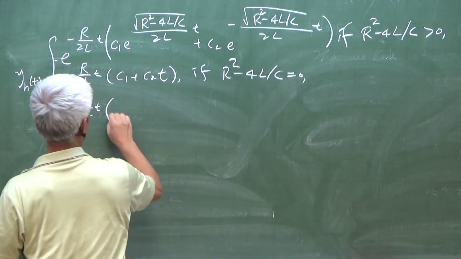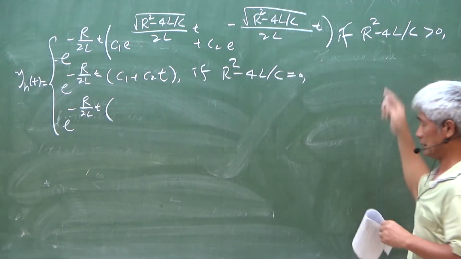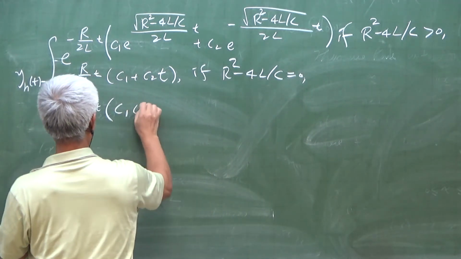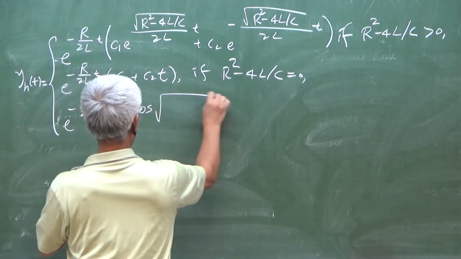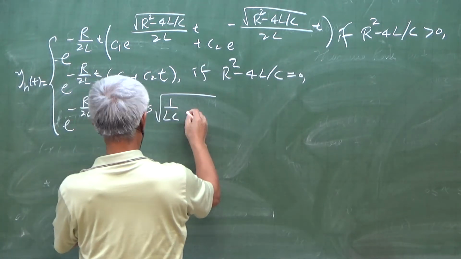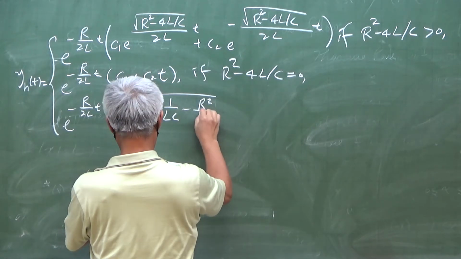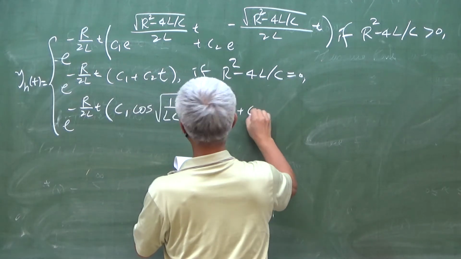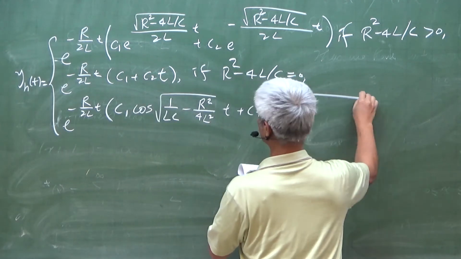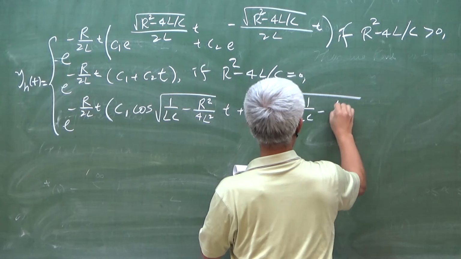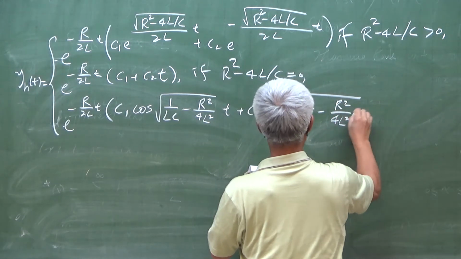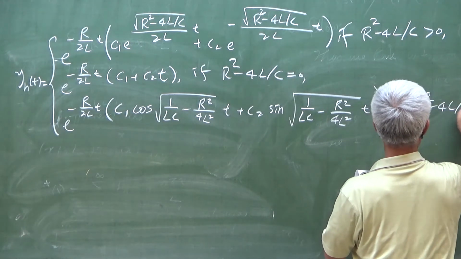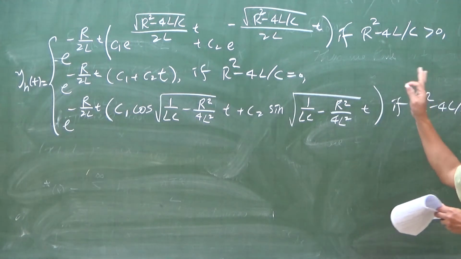And finally, if this discriminant is negative, then you will have cosine and sine functions: C1 cosine plus C2 sine.